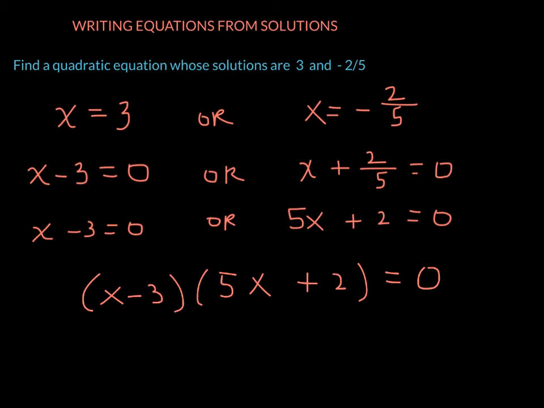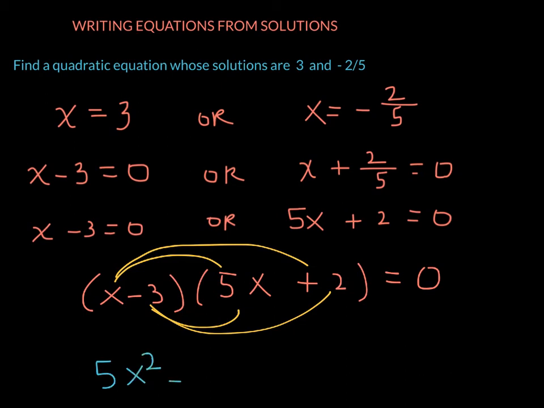Now, if you FOIL this out, some people call it FOIL, I just use the word distribute. If you distribute this out and combine like terms, you get 5x squared minus 13x minus 6 is equal to 0. So there it is. This is the quadratic equation whose solutions are 3 and negative 2/5.